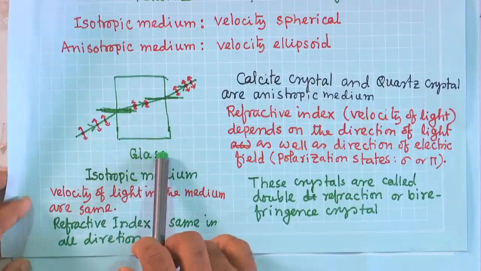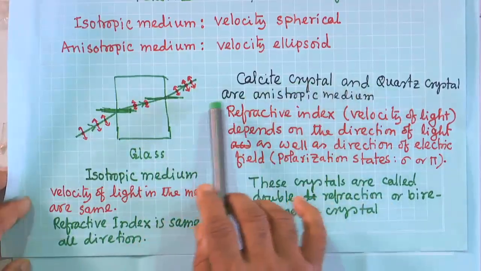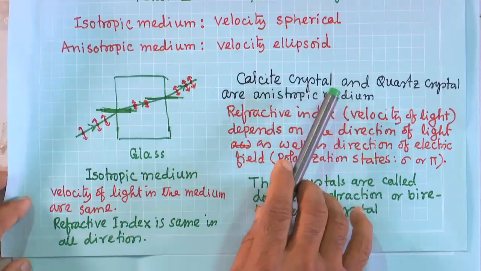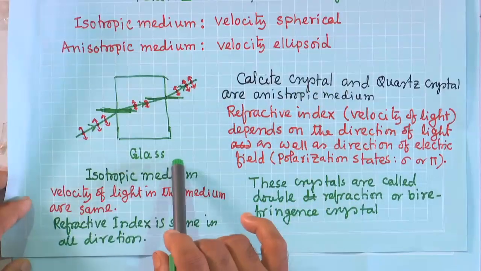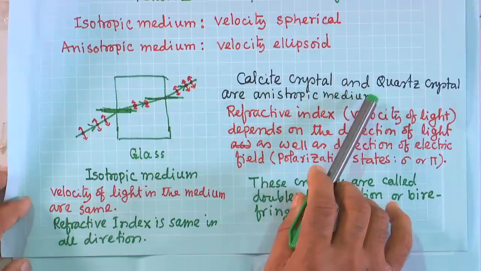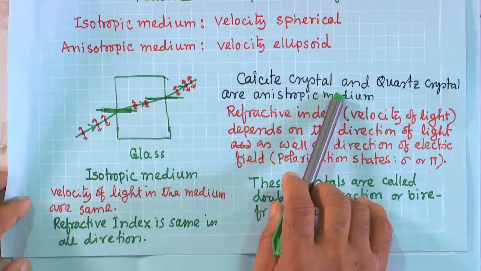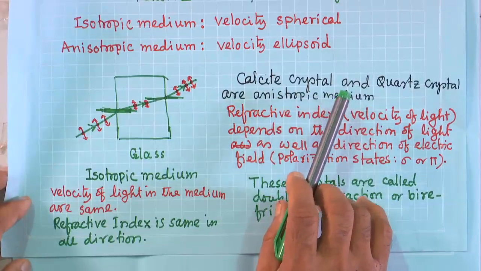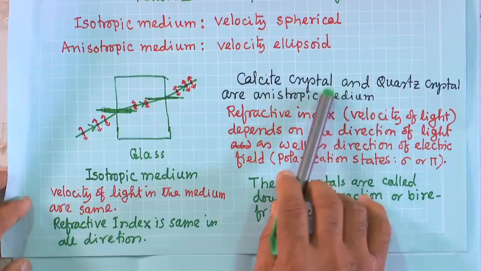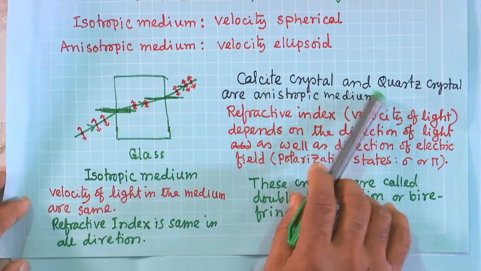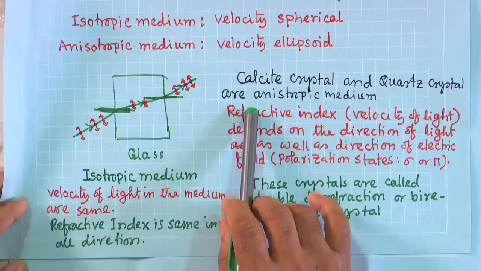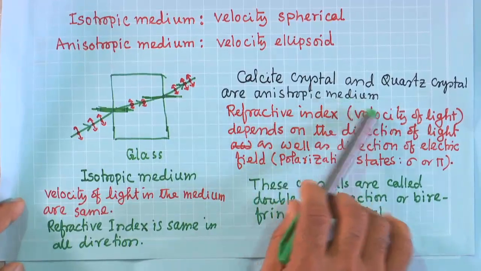Glass is not a crystal, but calcite and quartz are crystals that are transparent like glass. In these crystals we also see refraction, but the velocity of light in these crystals is not the same in all directions.